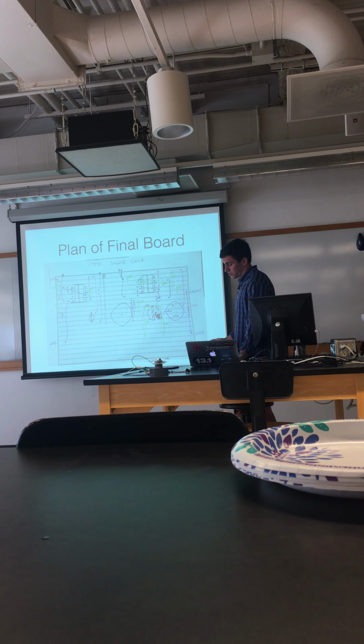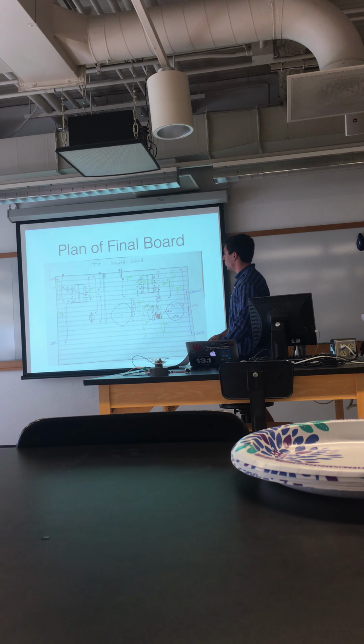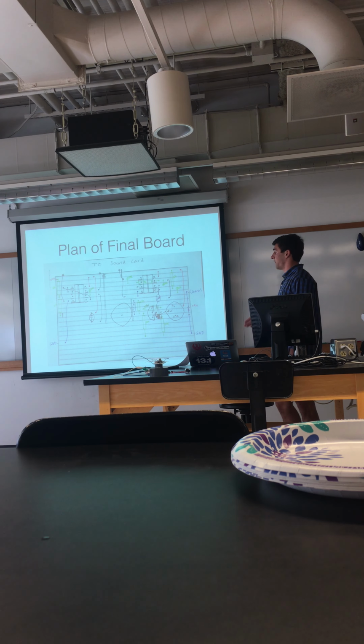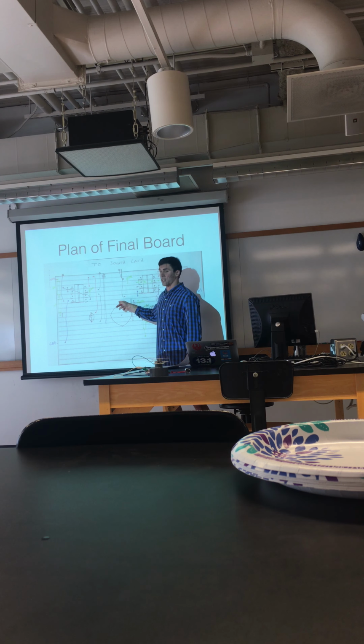So I used this drawing to figure out the placement, figure out where things would fit, and also to figure out, you can kind of see these lines are cuts. So I actually had to make cuts in the copper so that from here to here, for example, would connect.